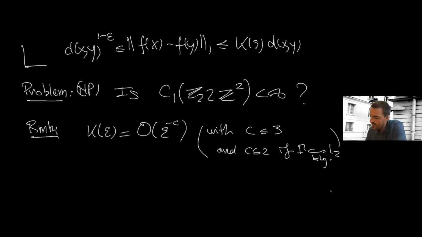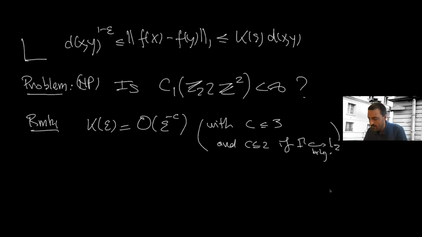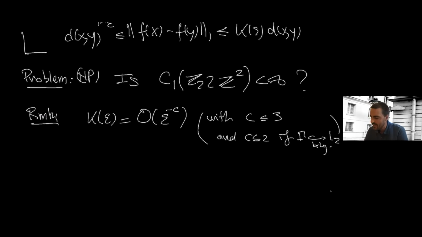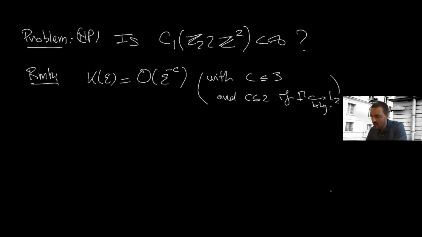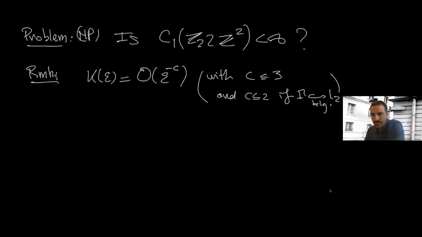This is what you can get from the proof. Now it might be true that you can decrease this exponent by 1 by looking deeper at the proof and trying to fine-tune the argument and optimize some parameters. So you can probably get C equals 1 or 2 in the general case, but you have to rework the proof a little bit to do that. But this is definitely possible.